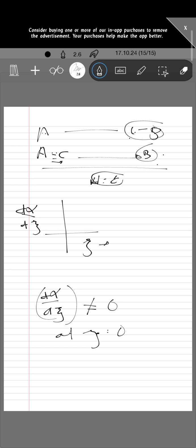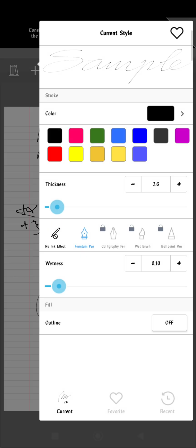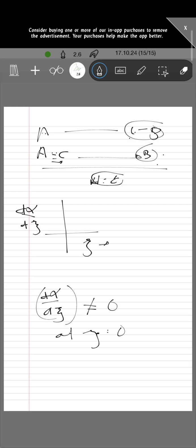Only then can you have Raman activity. That is why for this d alpha by d eta, only those plots which have a positive and negative value like this may show a change in value at the origin. That is the slope at the origin. Only these will be called Raman active.